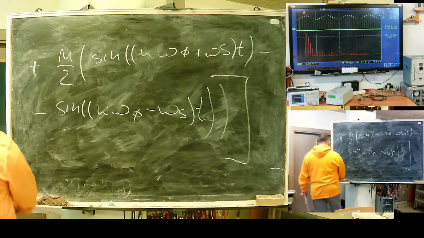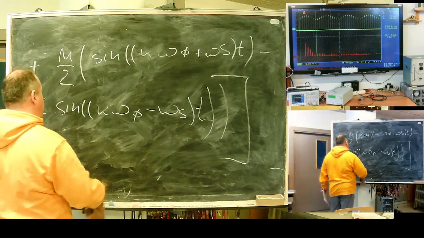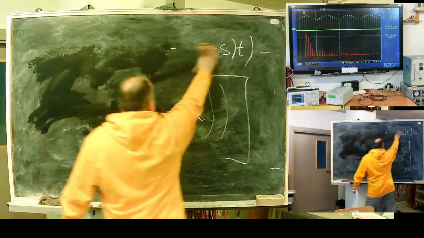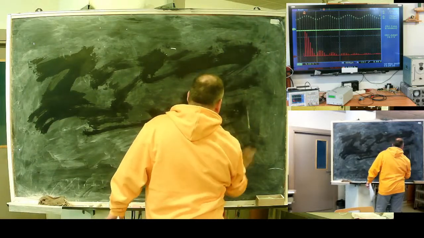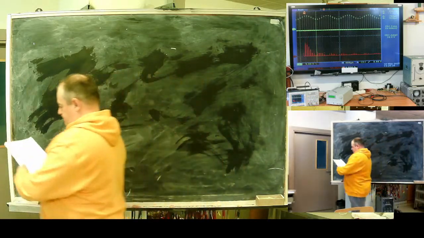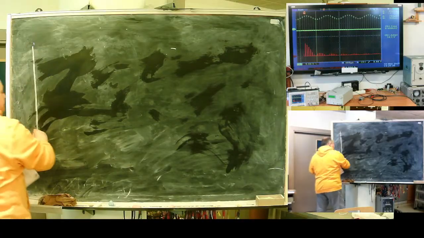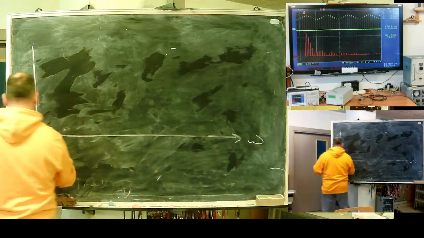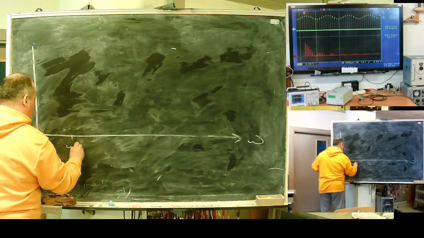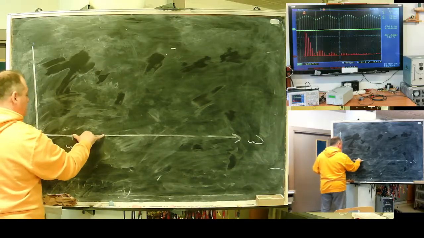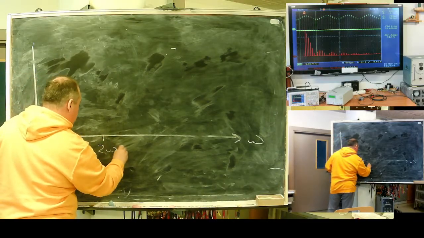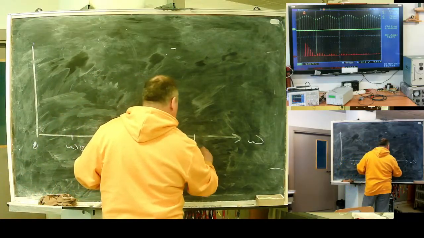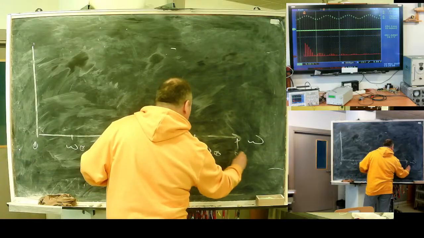What does this mean? First I'll draw it in theory, and then we will try to see if this is true. We should see something like this. 0, omega 0, double omega 0, triple omega 0, quadruple omega 0, 5 omega 0.